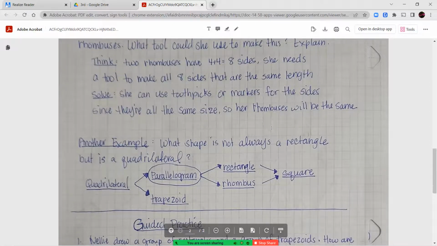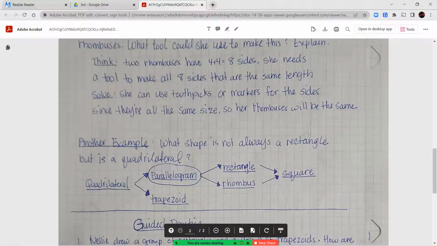Another example says, what shape is not always a rectangle, but is a quadrilateral? So if it's not always a rectangle, we have to look at one of the more general ones. So the easiest one with the fewest rules over here in this family is quadrilateral. It's just 4 sides. Then it breaks into ones that are more specific. This is the same thing that we learned in lesson 1.